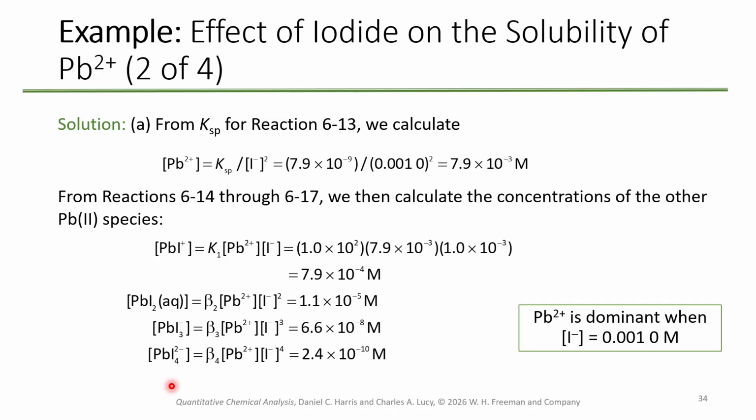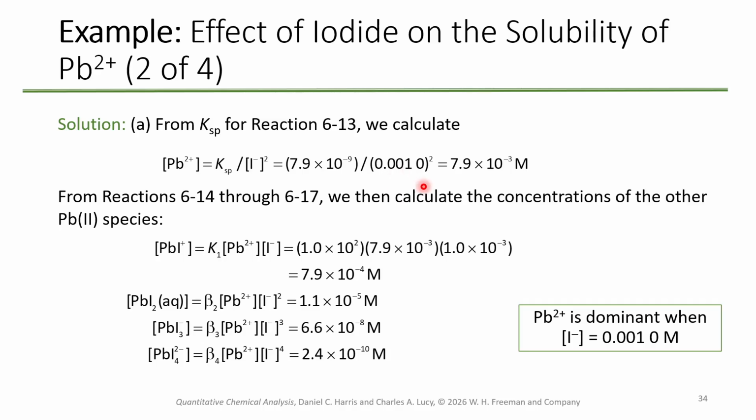Now these are the different water-soluble complexes of lead with different iodide amounts. The lead 2+, yeah, that one will be solubility. Because that's how much of the solid lead dissolves in the solution. And so that's 7.9 times 10 to the negative 9.